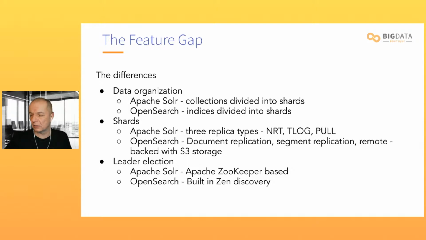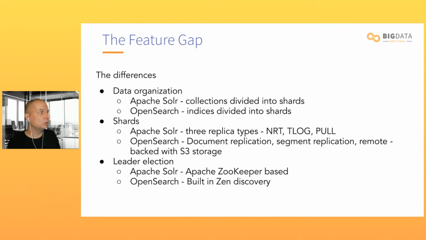Think about it like this: when you don't need all your data to be available in real time, you need it from time to time on request, so you don't need to spend all that memory, because an open shard, an open index or collection requires some amount of memory to be kept alive. So if you can put that in S3, you may end up having a way larger amount of data living inside the cluster and be able to work with that. This is pretty awesome, if you would ask me.